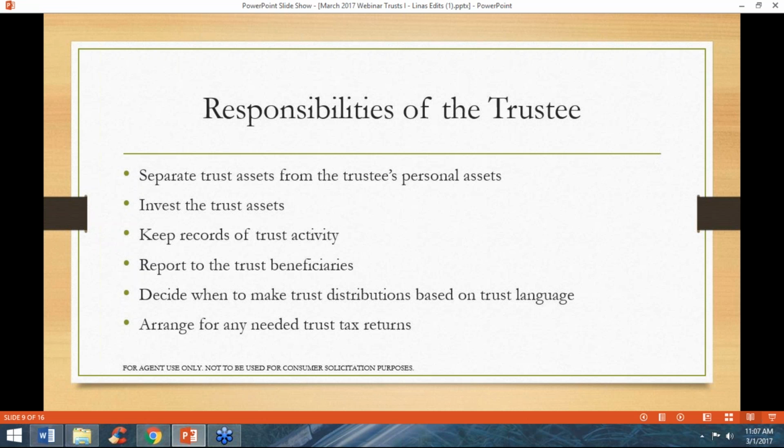The trust may provide rules on how to decide whether or not a discretionary distribution should be made. Some may provide no guidance at all for discretionary distributions, besides noting that they can be made. If a trust tax return is needed, the trustee must arrange for its completion.